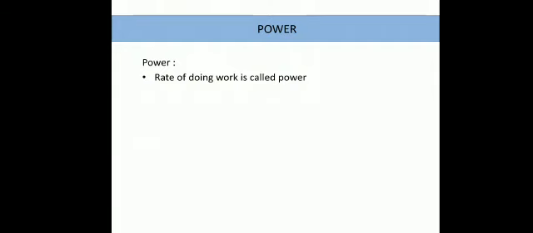Work done also depends on the displacement of a body. If the displacement is zero, then the work done is zero. So power is nothing but the rate of doing work.